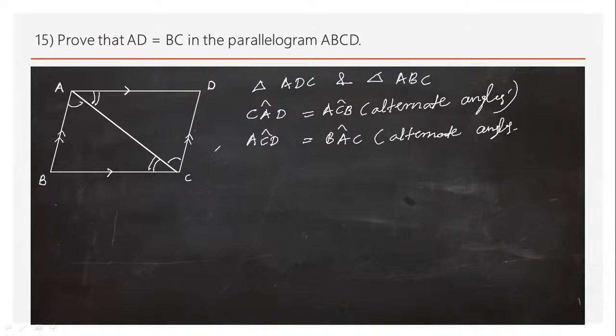Why is it alternate? Because AB is parallel to DC, and here AD is parallel to BC. That is the reason, right? We need another piece of information. These are given, so we need another: AC is a common side.